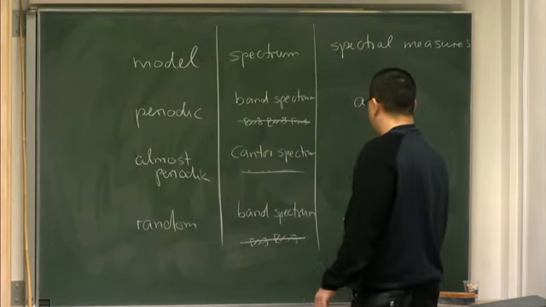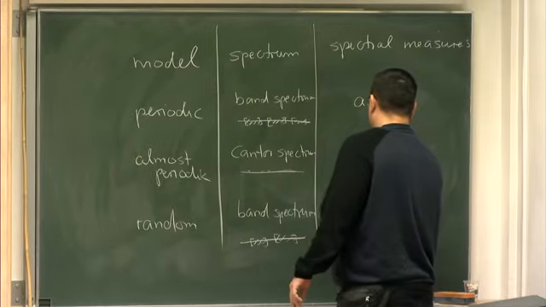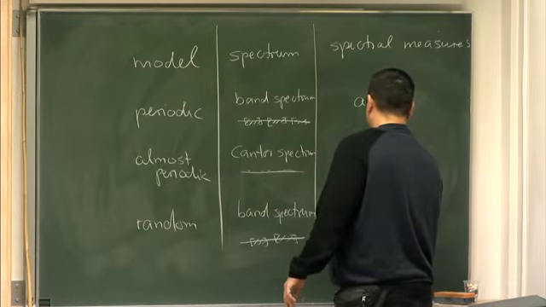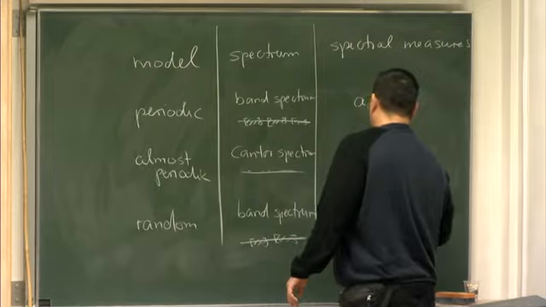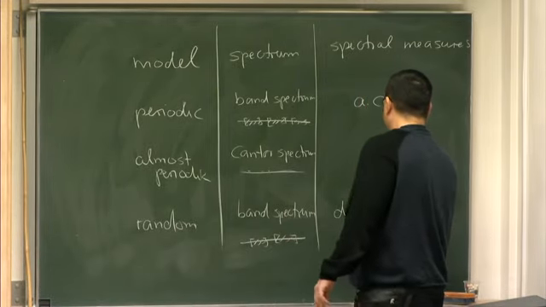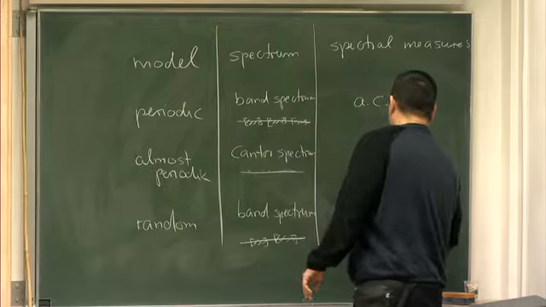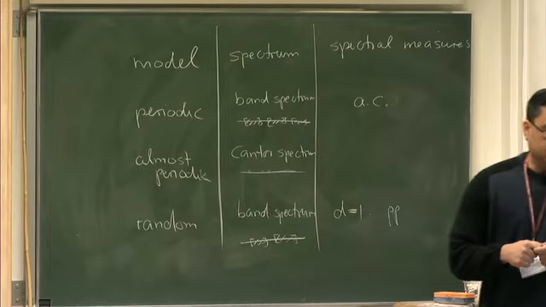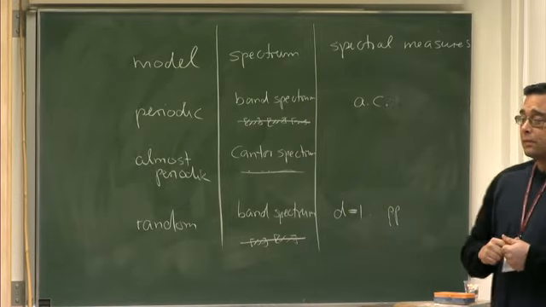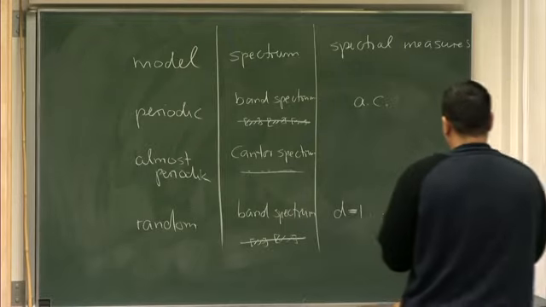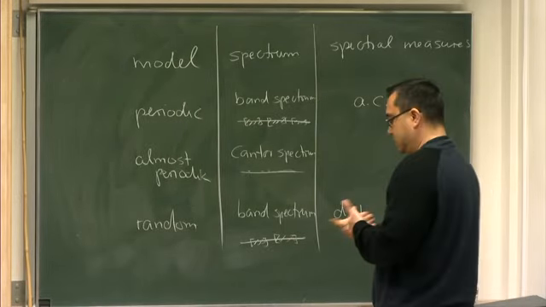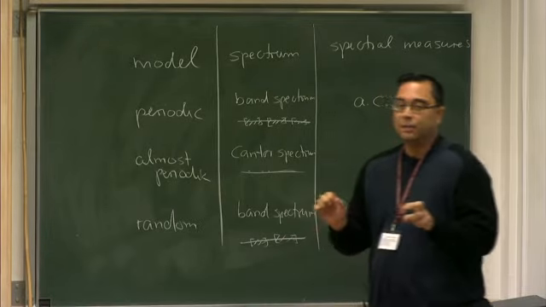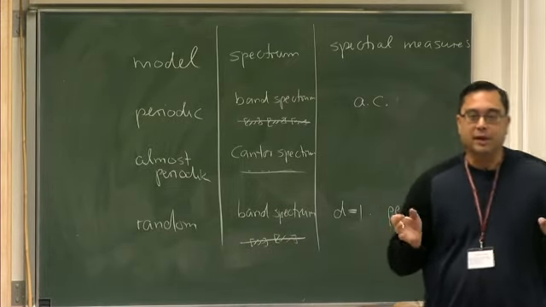So for the random case, there's this dichotomy, d greater than, well, d equal to 1, it's pure point, which means that all the spectral measures are pure point. So this means that you have a basis of eigenvectors. So there's a description of spectral measure types and behavior of these generalized eigenfunctions.